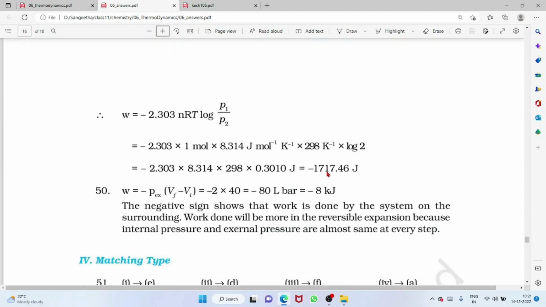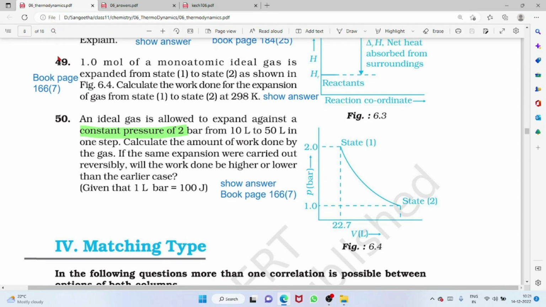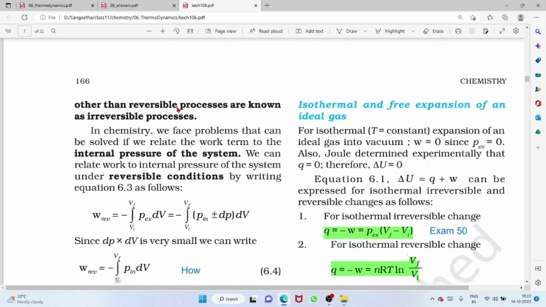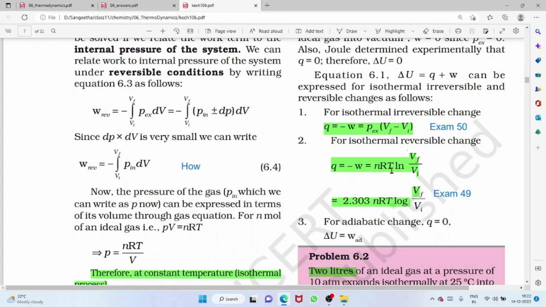Calculate, and this is the answer. Okay, this is the formula we are using, ln, log.